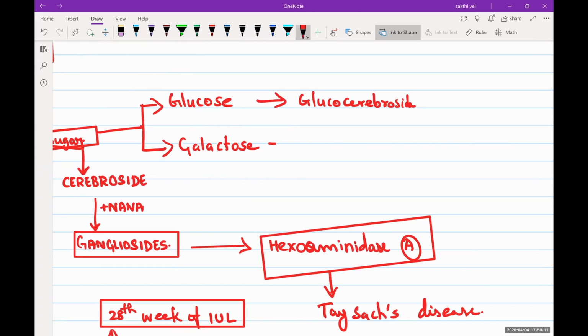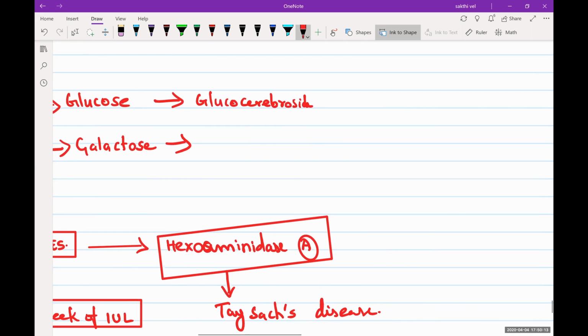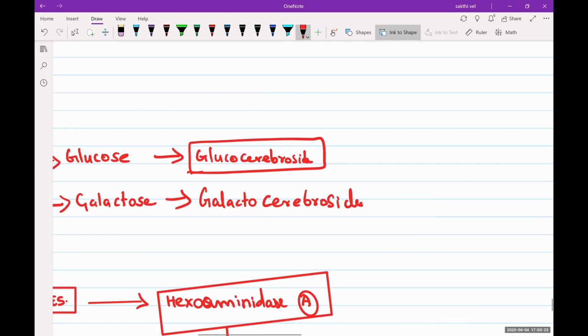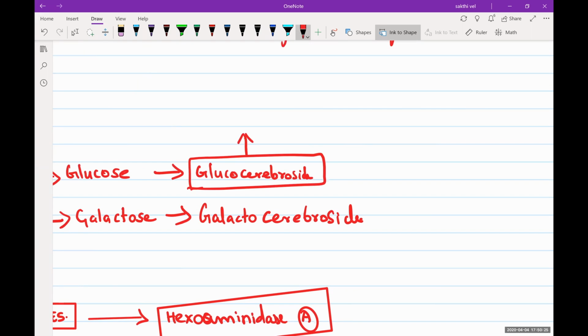And if it is galactose, then it is called galactocerebroside. Yes or no? This glucose cerebroside is broken down by the enzyme glucocerebrosidase.